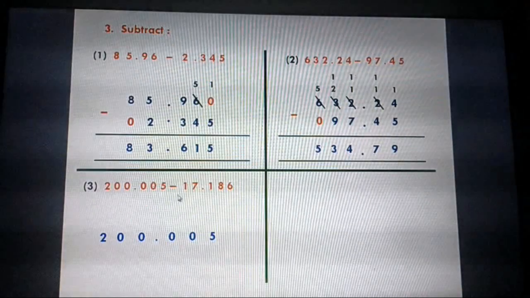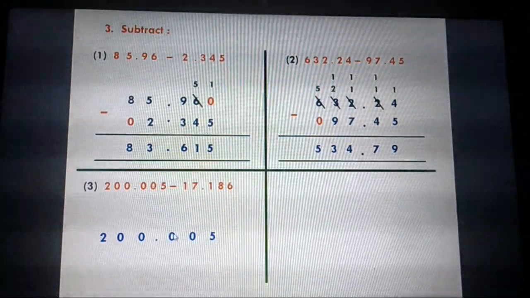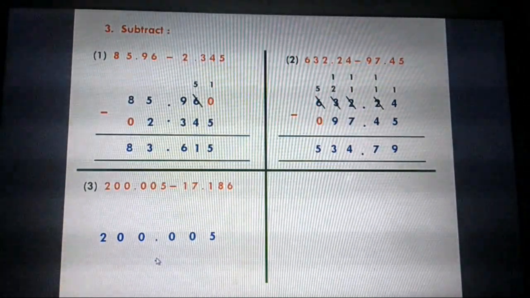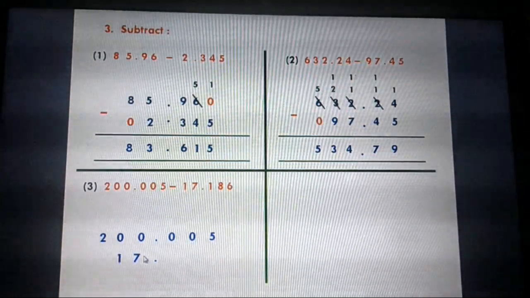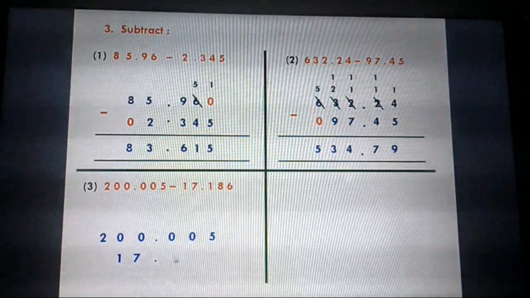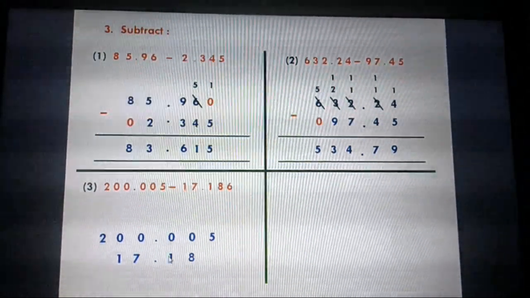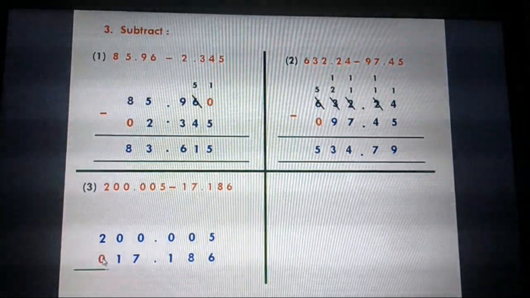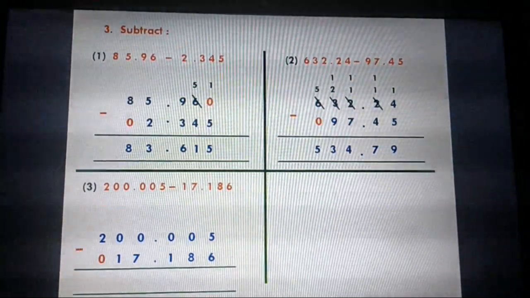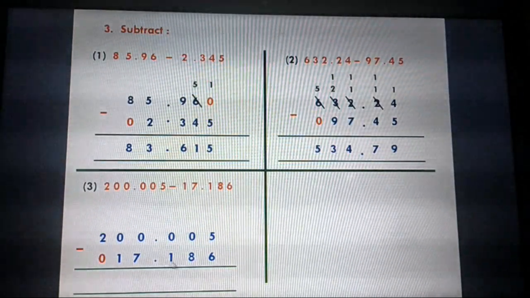Then we will put this decimal below of the other decimal, right? Then I will write here 7 and then 1. Now towards its right, 1, 8, 6, right? Now see here empty place, so I will put 0. Now I will do the subtraction, correct? Now look here.